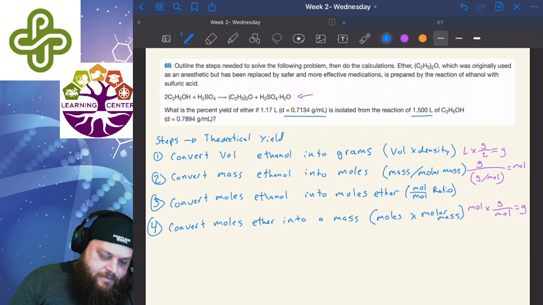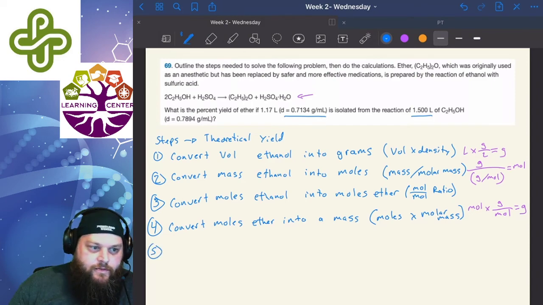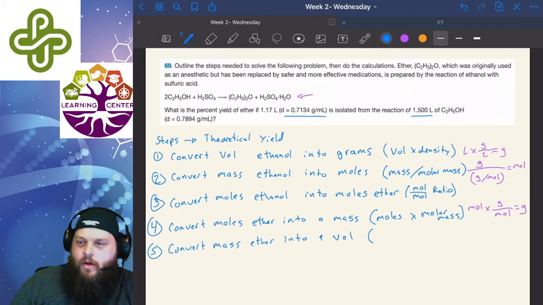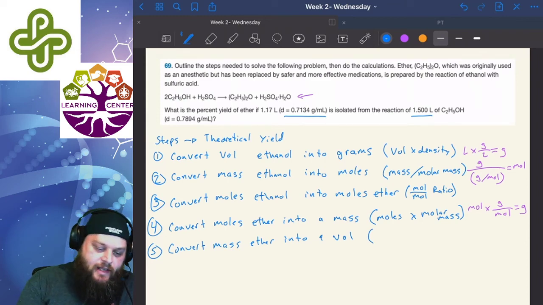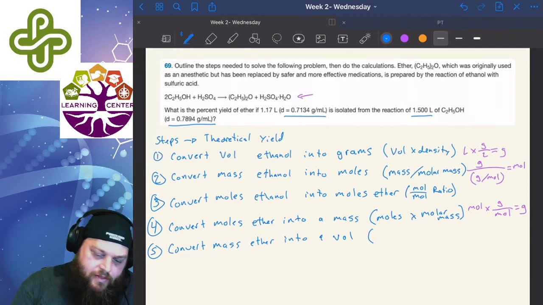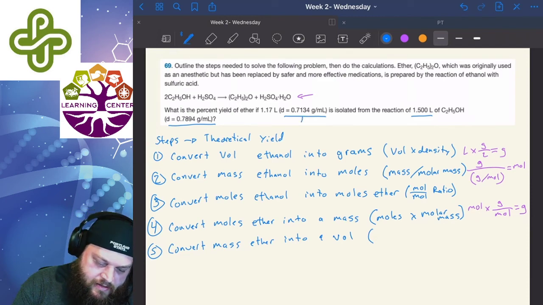The next step, step 5, is to convert that mass of ether into a volume. And to do that, we need to use the density. And they nicely gave us the density that we're going to be using, that's the ethanol density. The ether density is this one here.